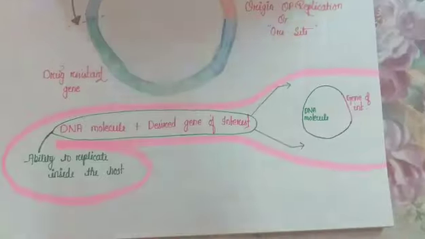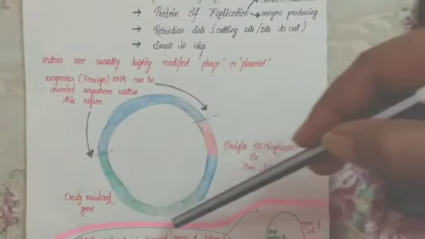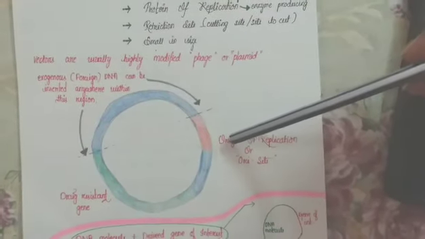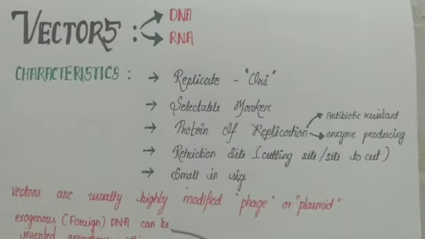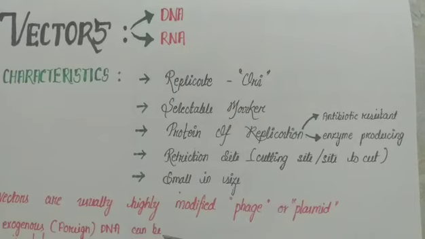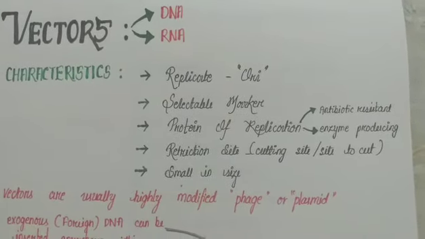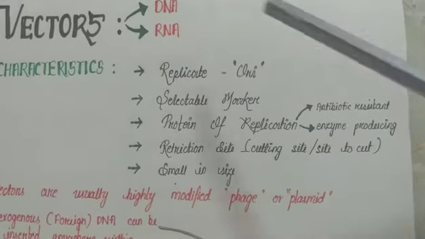When we insert a foreign DNA into the DNA of the vector, as we know the vector is a DNA itself, then they both, when combined, are called recombinant DNA, which is our DNA also. Vectors can be DNA, or they can also be RNAs.